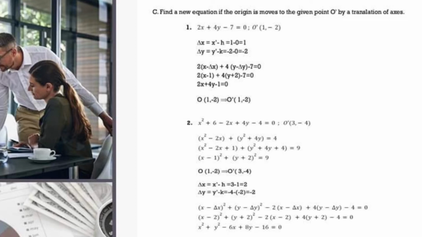Let's simplify it again: the quantity x minus 2 squared plus the quantity y plus 2 squared minus 2 quantity x minus 2 plus 4 quantity y plus 2 minus 4 is equal to 0. Therefore, we have a new equation: x squared plus y squared minus 6x plus 8y minus 16 is equal to 0. So that's the answer for that.